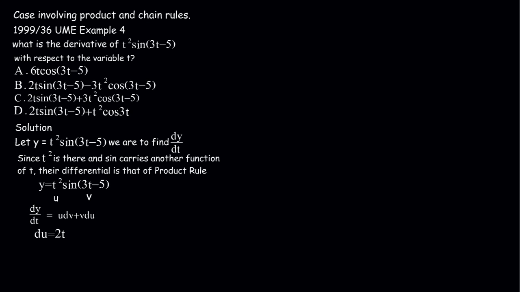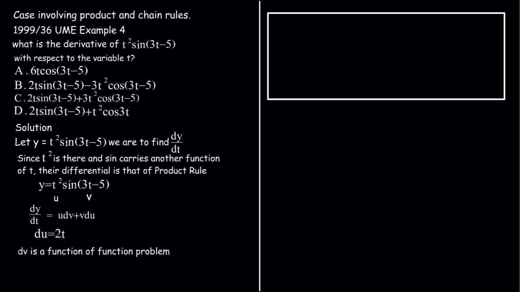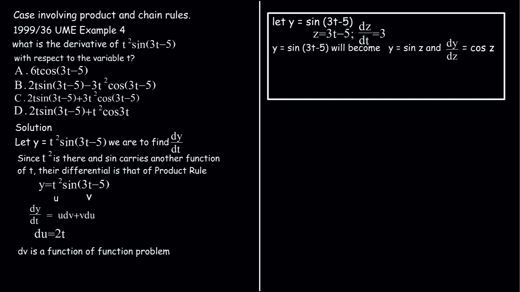Now to get our dv is a function of a function problem. I'm going to be solving for dv using function of a function. Let y be equal to sine in bracket 3t minus 5. That's our v. Making z equal to 3t minus 5, dz over dt will be equal to 3, while y equals sine 3t minus 5 becomes y equals sine z, and dy over dz will be equal to cos z.